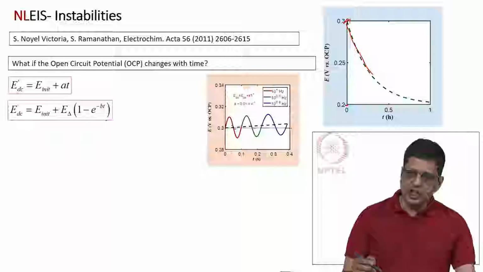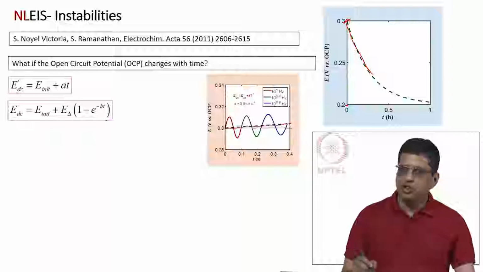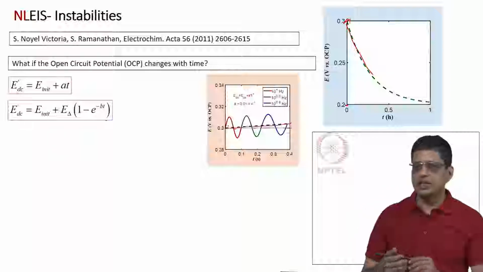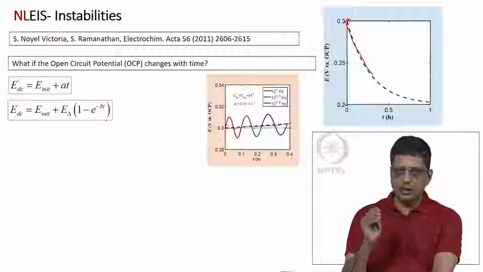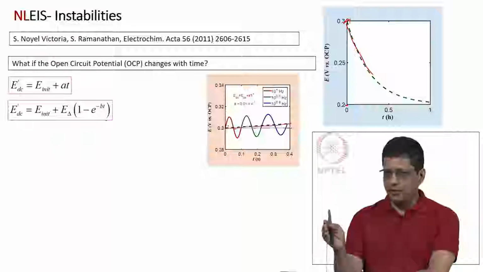When the OCP changes with time and it decreases with time versus OCP, the DC potential actually increases, and if we superimpose an AC on top of it, right, the way we would do the measurement is initially we would apply a high frequency potential, then we will go to little lower frequency and so on.